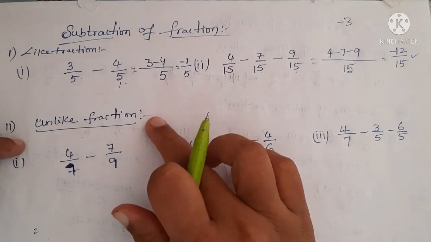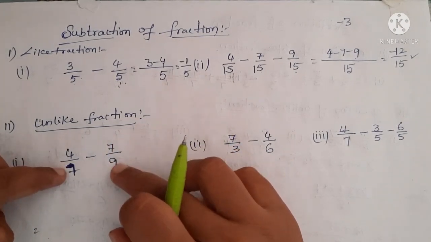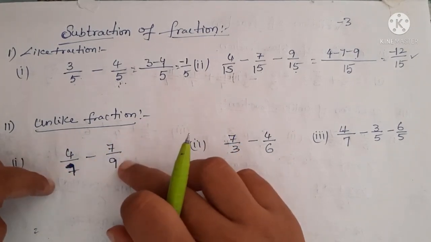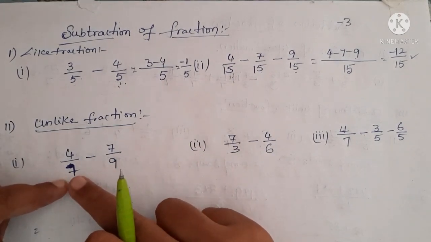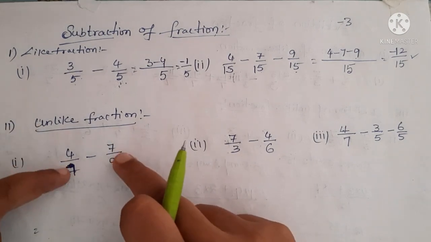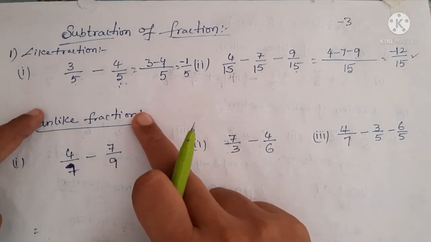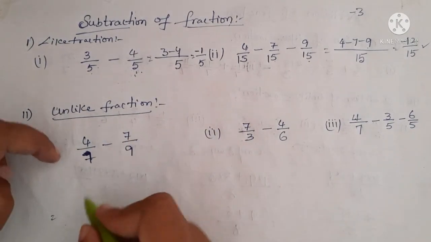Next, unlike fractions. I have some examples, 4 by 7 and 7 by 9. You subtract these numbers. See here, we have to check out denominator place. We have 7 and 9. These numbers are not same, right? So these fractions are called unlike fractions. How can we subtract these fractions?